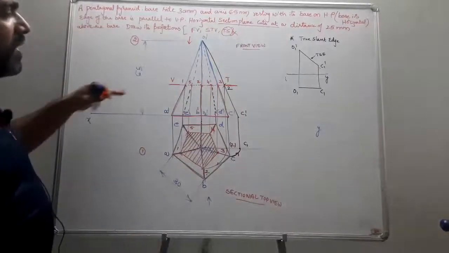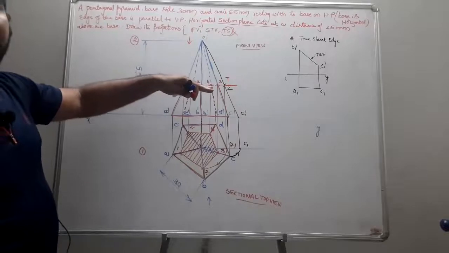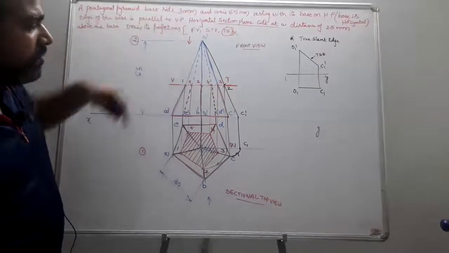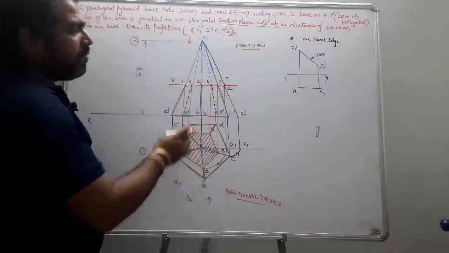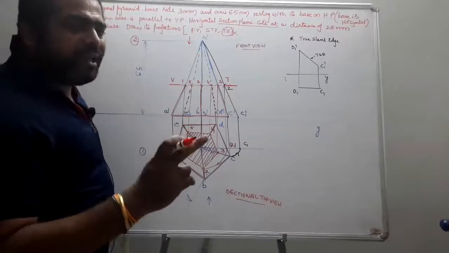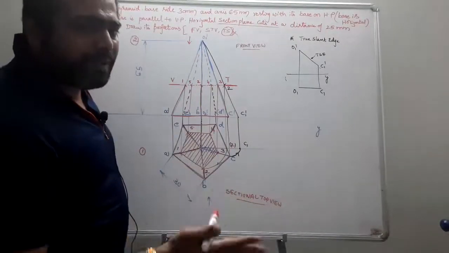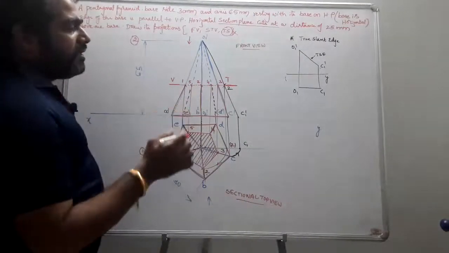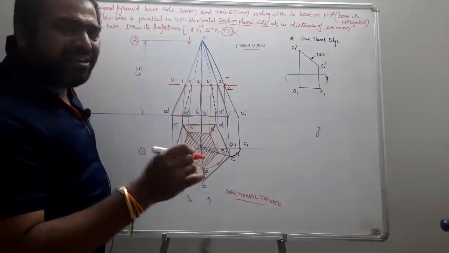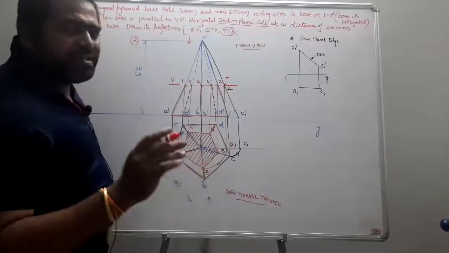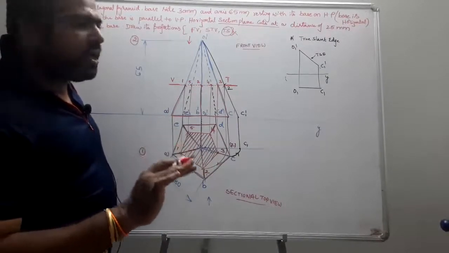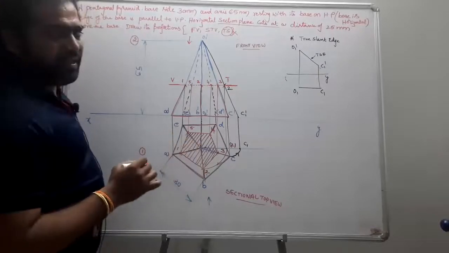Because when your cutting plane is parallel to base, when you see from the top, you see clearly the true shape. Whenever your cutting plane is inclined only, then there is a need of constructing the true shape separately. But here it is parallel to base. The top view itself gives the clear view. So sectional top view is sufficient for the true shape itself. There is no need to draw the true shape for this figure.